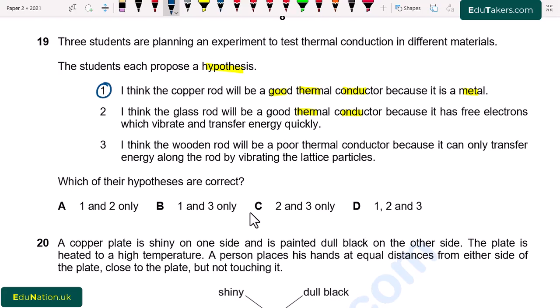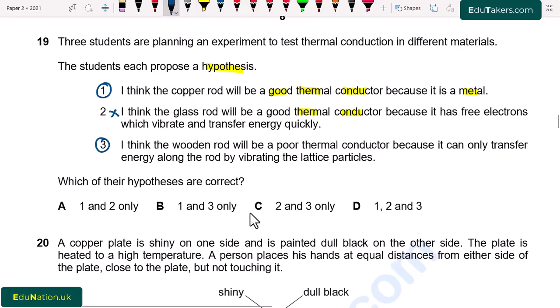The third is that the wooden rod will be a poor thermal conductor because the wooden rod is an insulator. It does not have good thermal properties, so it can only transfer energy along the rod by vibrating the lattice particles. So this is also correct. The second one is not correct because the glass rod is not a thermal conductor.